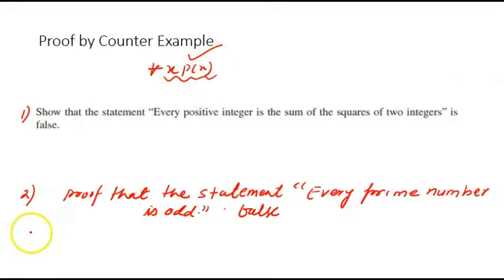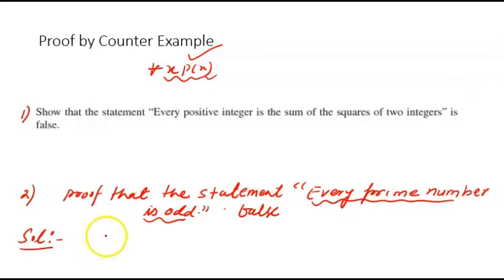To understand this, let us solve the second problem first. So suppose we have to prove the statement: every prime number is odd. If you take all the prime numbers, like 3, 5, 7, 11, 13 and so on, all the prime numbers are odd. But this statement is false. Why? Because we have a counterexample. So what I will do?